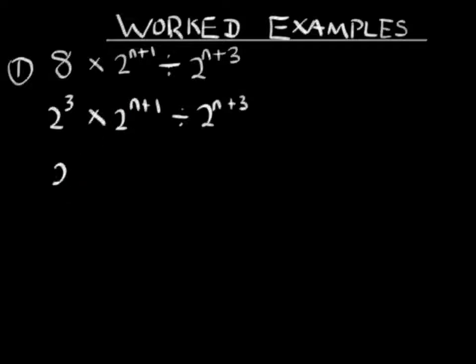So we have 2 raised to power 3 plus n plus 1. Now here also, this 2 and this 2, we can just pick one of them, but because of this division sign in between them, we have to subtract the powers. So we have minus n plus 3.